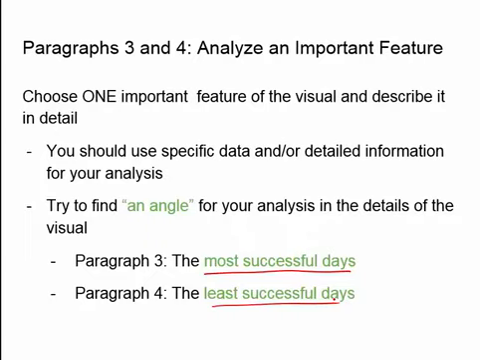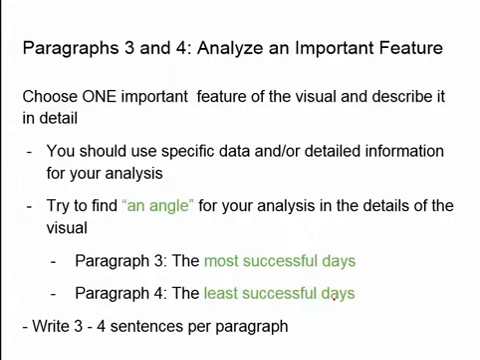What I would do is go back to the report and find some detailed, specific numbers to report about for those angles that I'm taking in each paragraph. For each of these paragraphs, you should write 3 or 4 sentences, as much as you can, to get enough information in there.